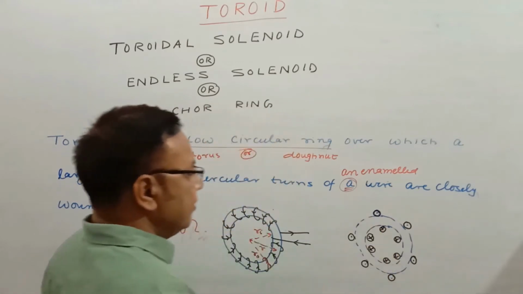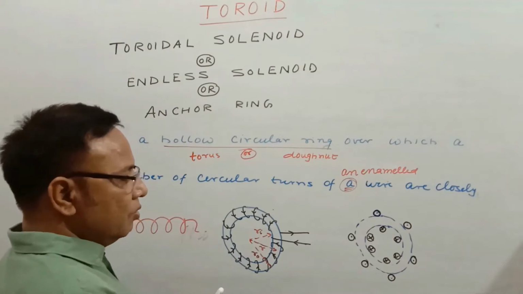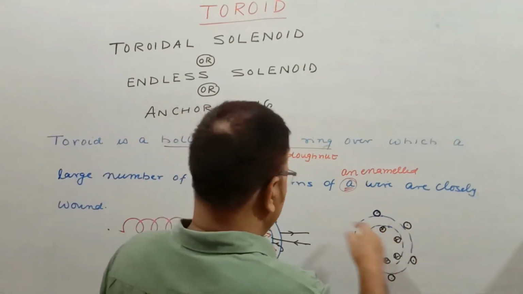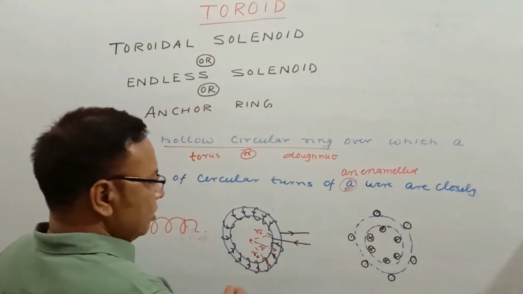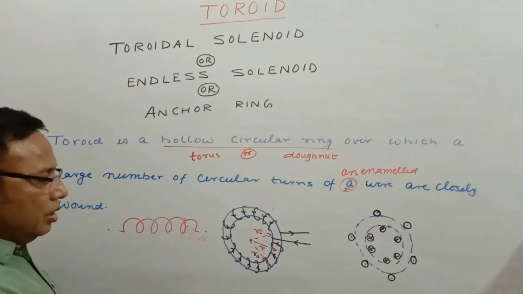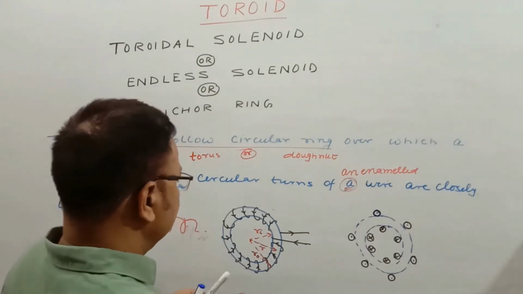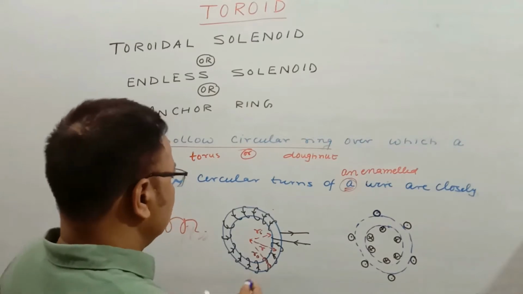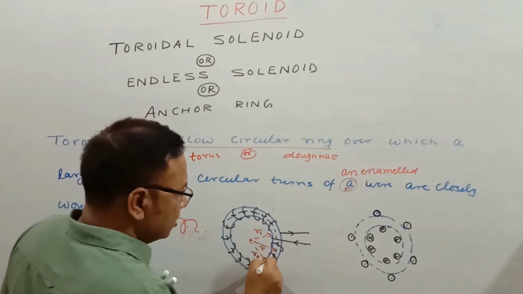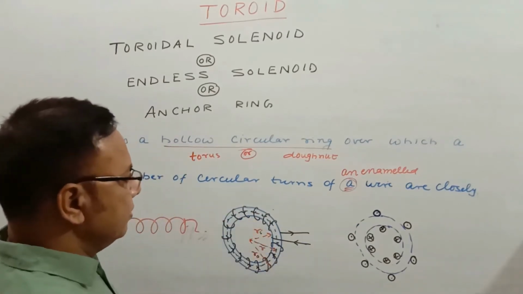If you go for the direction of the field, what you see is it would be in the form of a circular loop within this, inside the coil. Just like in the solenoid, it was inside the coil. So here also the field would be somewhat like this, and you can draw the field inside the core in the form of a circular ring.